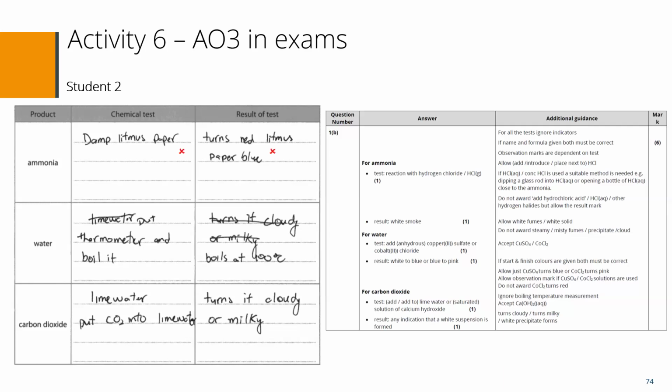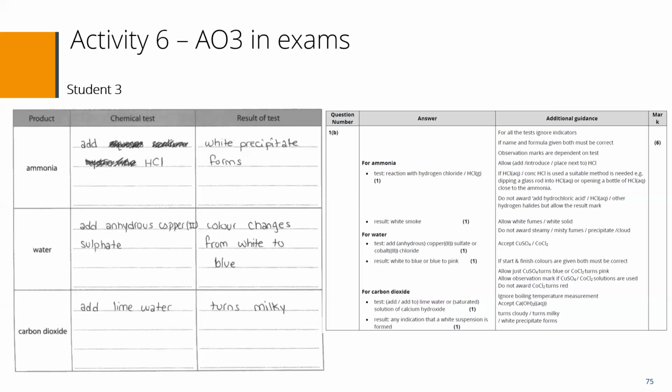So no marks for the ammonia test. They've quoted a physical test and they're specifically asked to give a chemical test, so they can't have any marks for that. Lime water is fine, goes cloudy or milky is fine, so this student scores 2 marks. There's student 3.